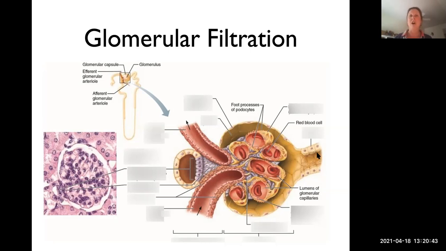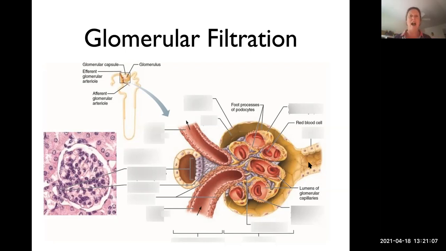Conversely, if GFR is too low, the cells of the proximal convoluted tubule pick out all the good stuff and reabsorb it into the body. And then they get bored and start picking up some of the toxic substances, the nitrogenous waste, and bringing those back into the body. So if GFR is too low, it results in a buildup of nitrogenous waste.